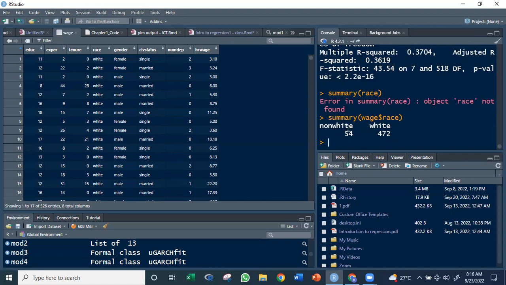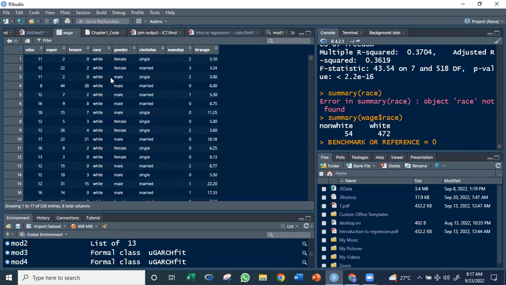And non-white appears first because alphabetically it comes first. So this is what it will make the benchmark, or we call it the reference variable, which it makes 0. So for race, it will dummify this: all whites it makes 1, all non-whites it makes 0.